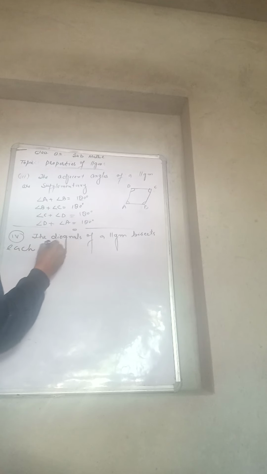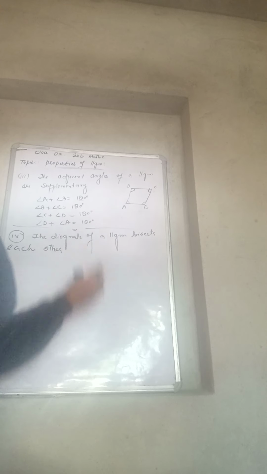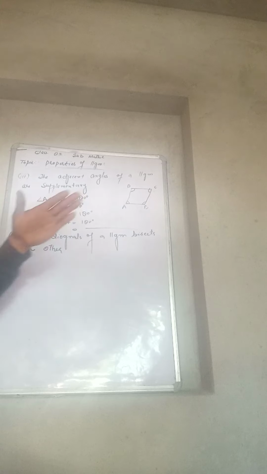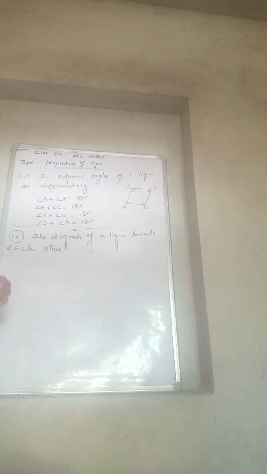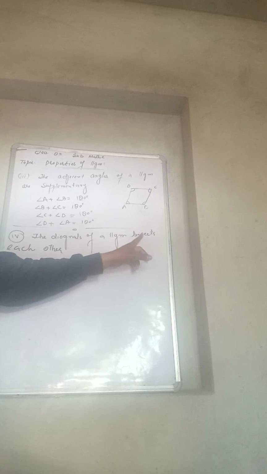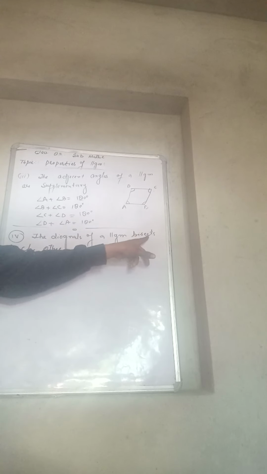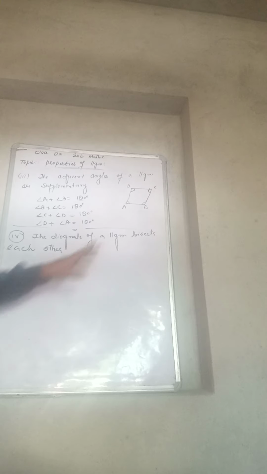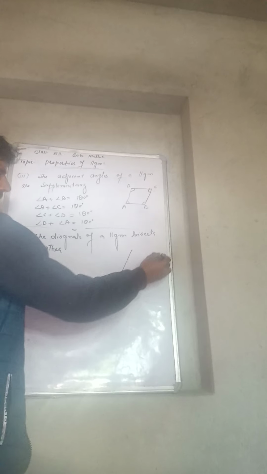Bisect each other. There is a difference between bisect and intersect. Intersect means when two lines meet, we say they are intersecting. But bisect, bi means two, sect means part. So bisect means in two equal parts.